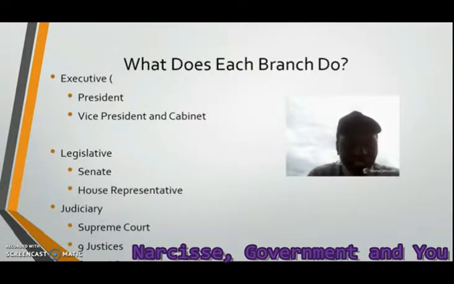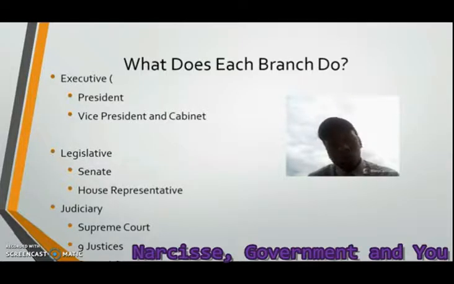Okay, there are what we call checks and balances. It is like the connection of how each branch is connected to another. For example, the president is the one to nominate the members of cabinet, but the members of cabinet are approved by legislative branch. It means the president cannot make a decision on his own when that decision will affect the whole citizenry of the country.